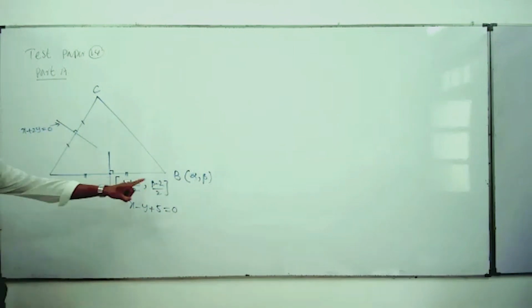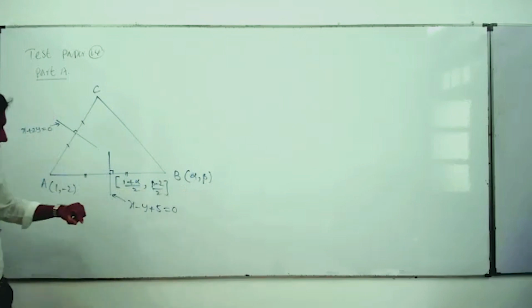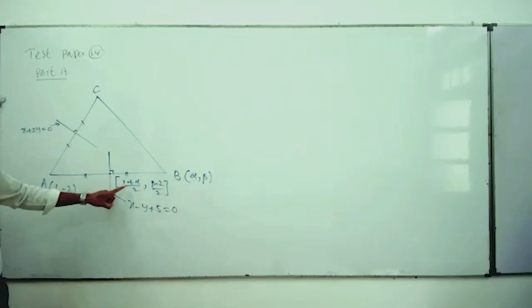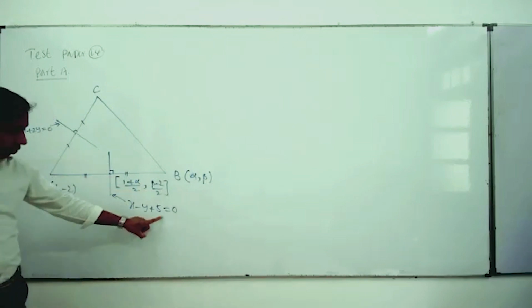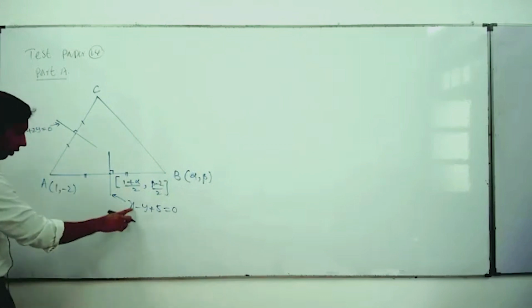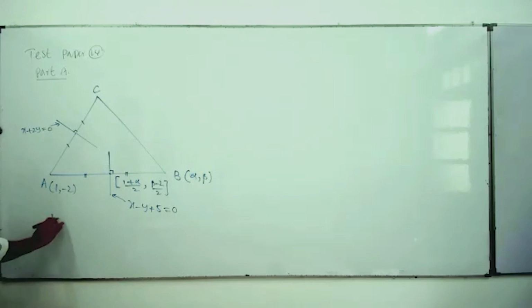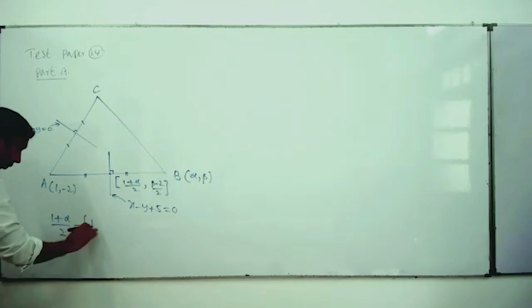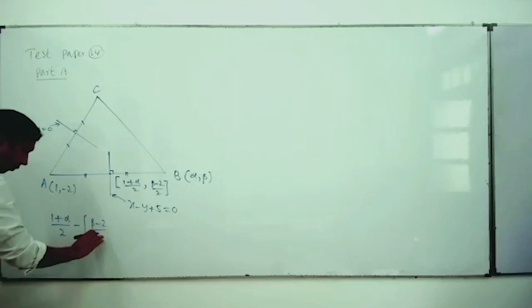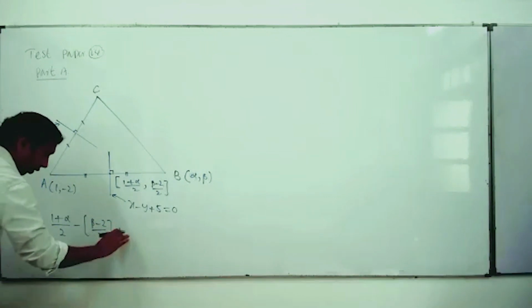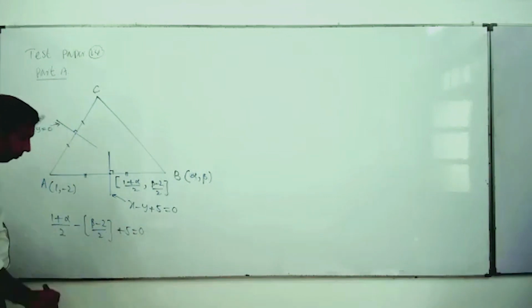Now we need to find alpha and beta. This midpoint is on this line, therefore the coordinates of this point should satisfy this equation. Substitute x here and y here. Then we get (1 plus alpha) by 2 minus (beta minus 2) by 2 plus 5 equals 0.